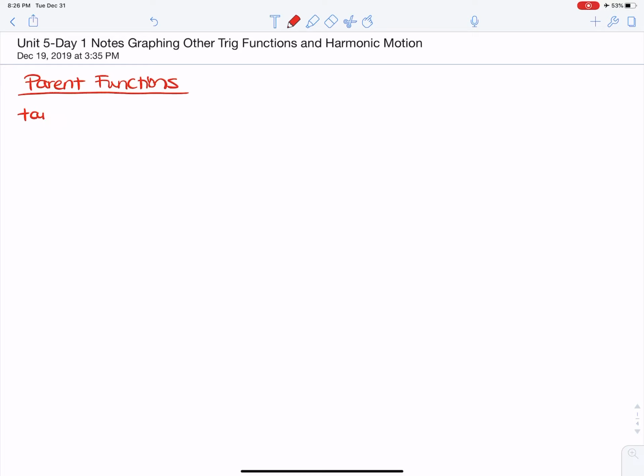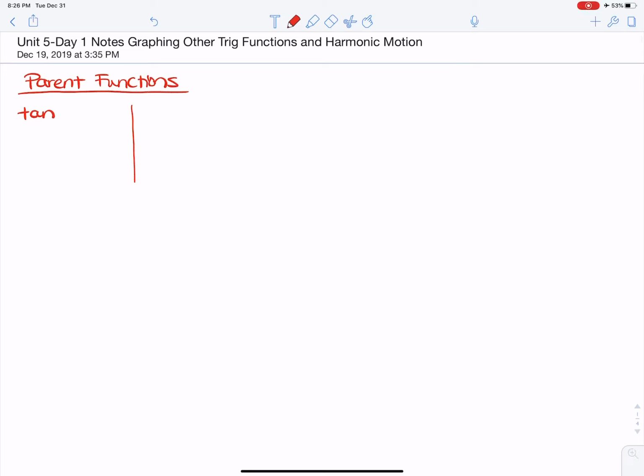We're going to start with tangent, and you're just going to draw a nice little t-chart, a little coordinate grid, and we want to label it from pi to 2 pi and negative pi to negative 2 pi. When you do these functions, especially tangent and cotangent, you want to start with the asymptotes.